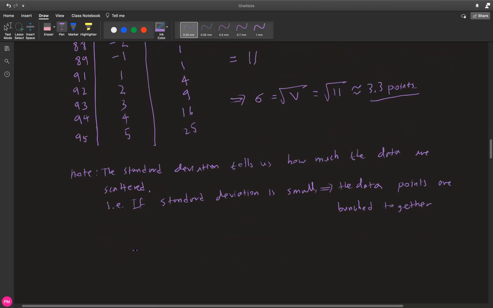And if the standard deviation is large, this means that the data are more scattered.